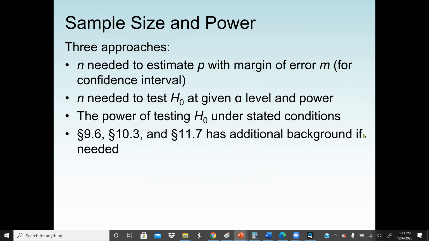It has additional background if needed. So this is when we are doing parametric testing, the Z test, T test, and ANOVA. Again, in hypothesis testing it is always good to find the sample size and also the power, the probability of avoiding type 2 error.